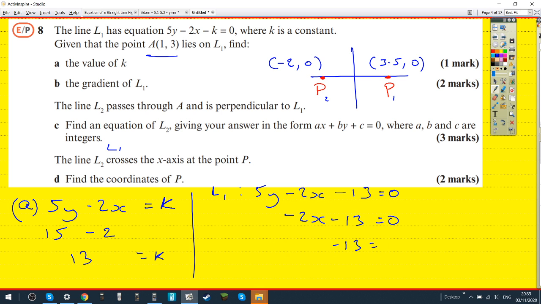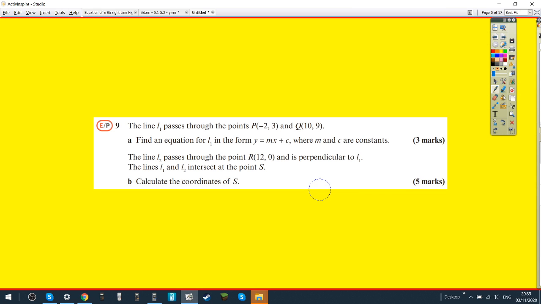And you divide by 2 on both sides, which would be minus 6.5 or minus 13 over 2 is fine. -13 over 2 equals x. So as a coordinate it's minus 6.5, 0. But if they want to know where it crosses the x-axis, make y 0. Where it crosses the y-axis, make x 0. That's just a little extra thing there.